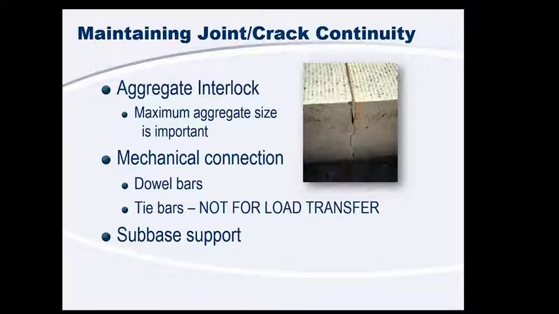You can see here, that's a great picture of that crack propagating down from our saw cut, and you can see how the maximum aggregate size would be important, because the larger the maximum aggregate size, the more it's going to protrude onto the other side of that joint. So it's definitely something to consider when you're thinking about aggregate interlock as your form of load transfer.